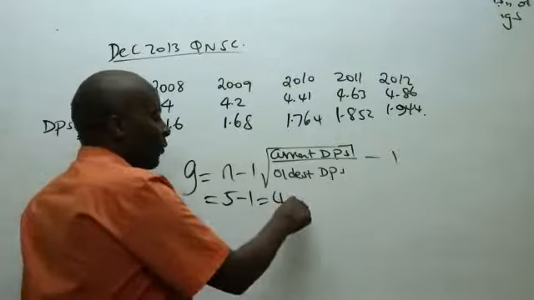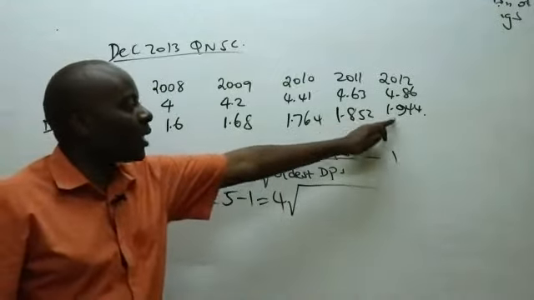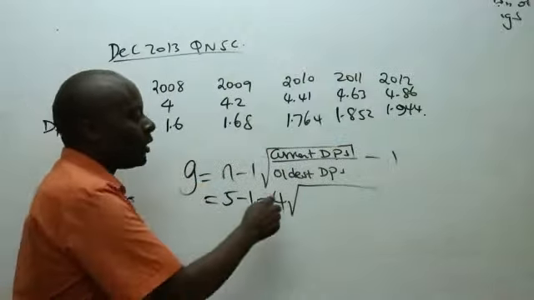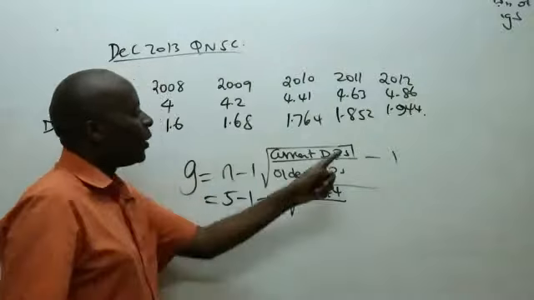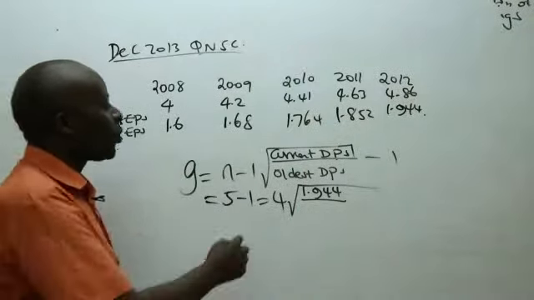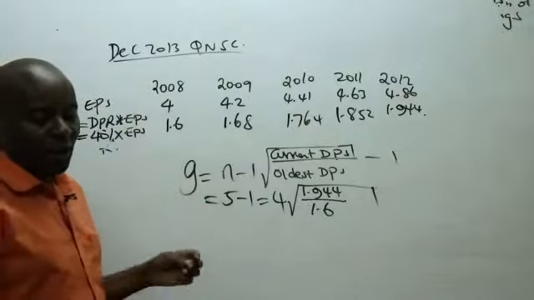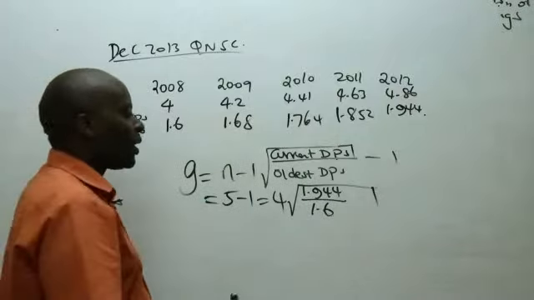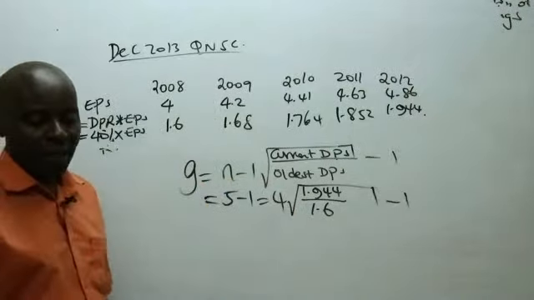So 5 minus 1 gives us 4. So this will be the fourth root of the most current dividend, 1.944, all over the oldest dividend, which is 1.6. And then at the end of the day, ladies and gentlemen, I will subtract 1.